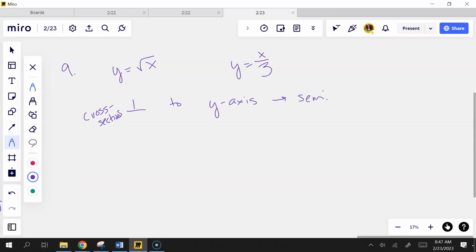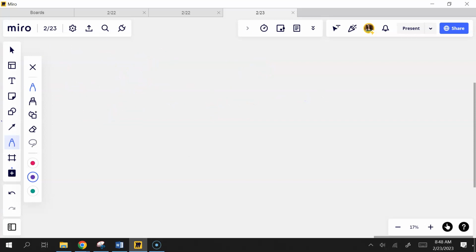Again, semicircles. We should do one that's not semicircles. Yeah, let's do 8. Sorry. There you go. Bounded by y equals e to the x, x equals 1, and it's perpendicular to the y-axis.